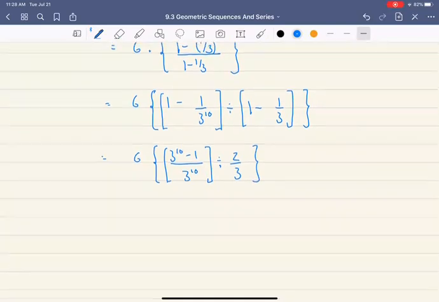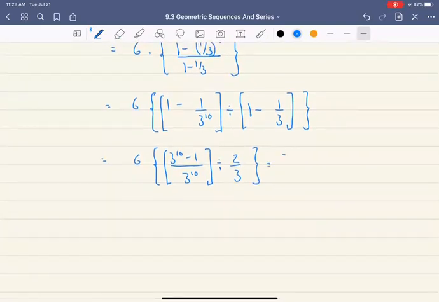So this is going to leave us with 6. I'm going to write it as 2 times 3, times 3 to the 10 minus 1 over 3 to the 10, times, remember when I divide, I flip and multiply, 3 over 2.